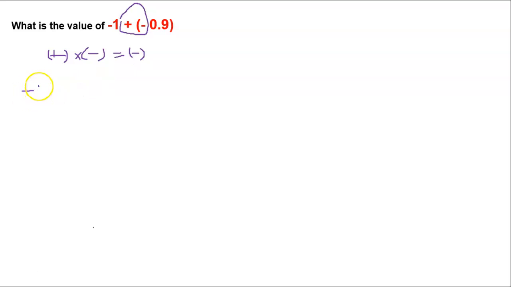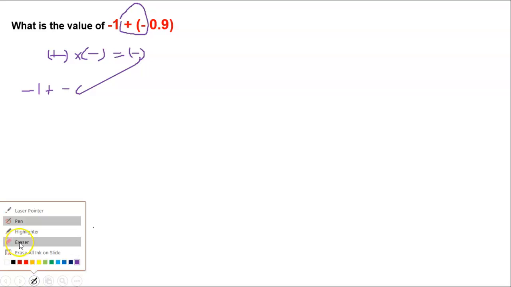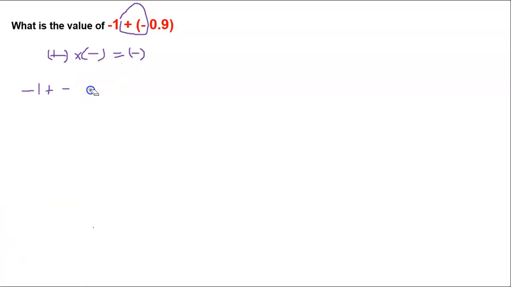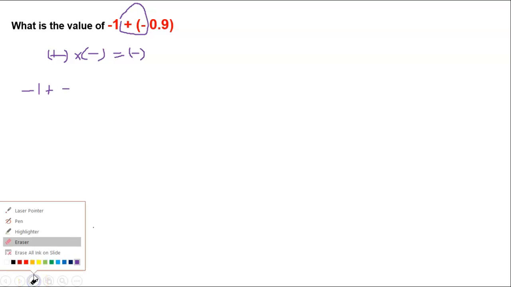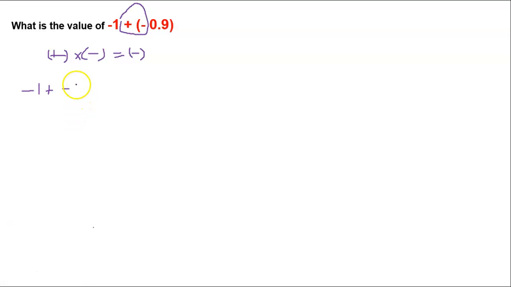And because of that, negative 1 plus negative 0.9, put that in bracket, is the same as negative 1, because positive times negative equals negative, right?